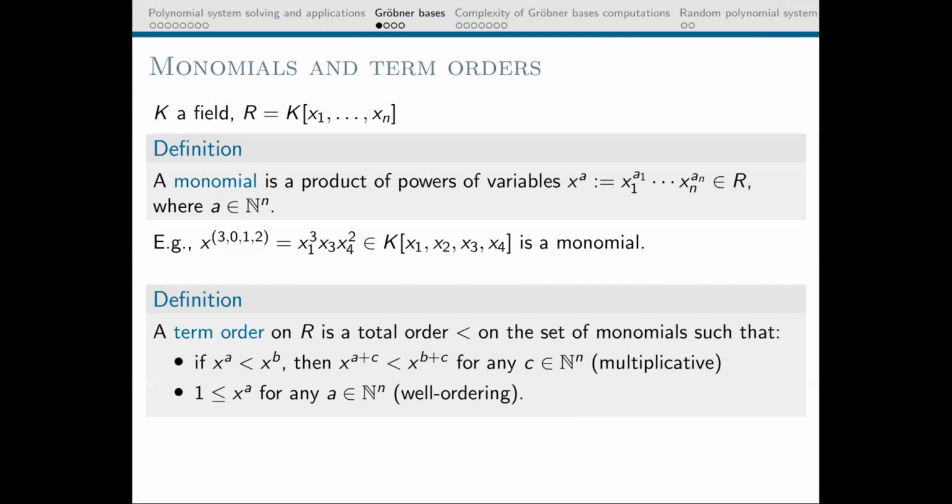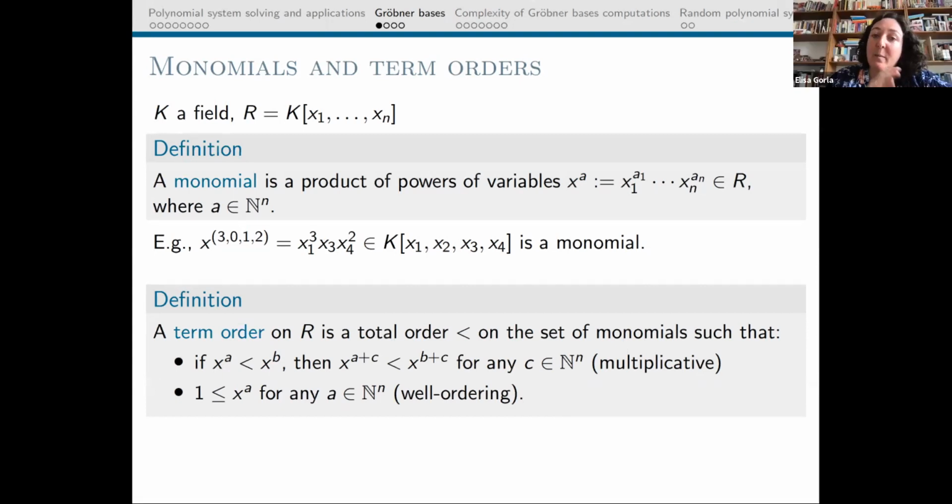A monomial is a product of powers of variables. For example, x1 cubed, x3, x4 squared is a monomial. Now on the monomials, you put an order, called the term order. We ask that this order is total, so every pair of monomials is comparable: you know which one is the biggest and which one is the smallest.